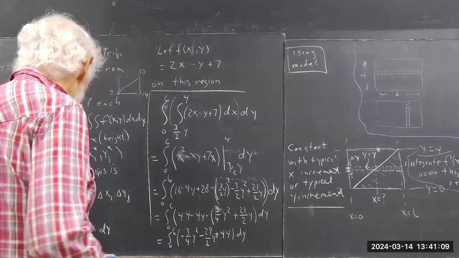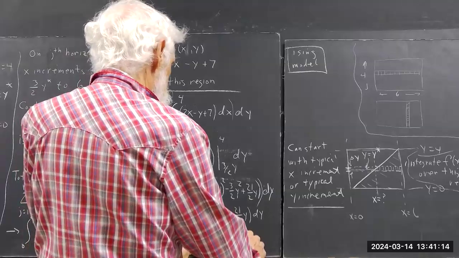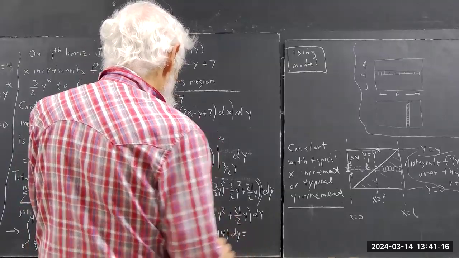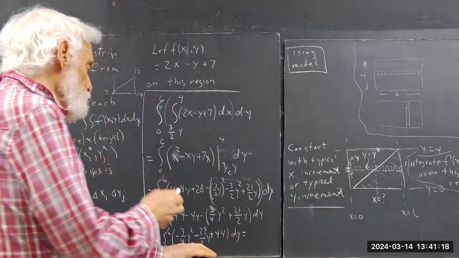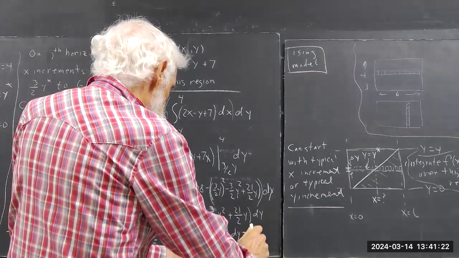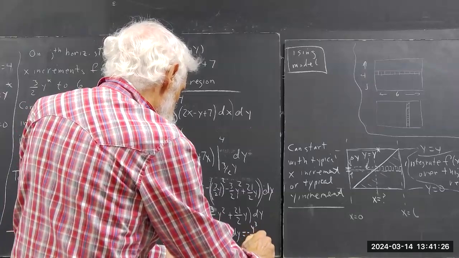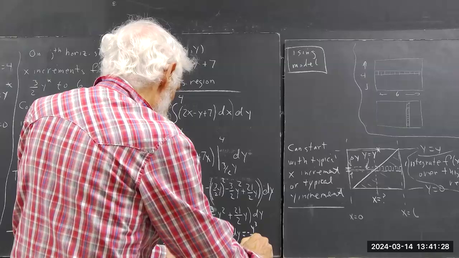Okay, well, I don't have much room to finish this. That's probably kind of small. Okay, I'm going to get negative y cubed over 4.